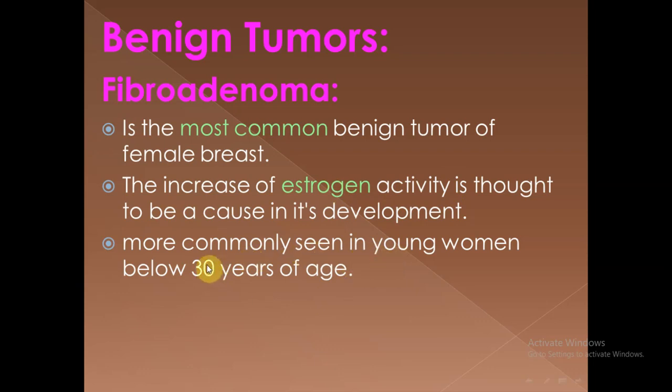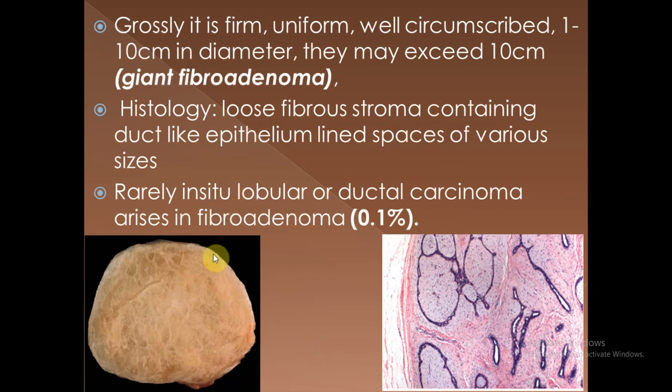As we mentioned, the peak age of Fibroadenoma is around 30 years of age. Fibroadenoma grossly is a well circumscribed mass. If it is more than 10 cm, it is called a giant fibroadenoma, and it is firm in consistency.